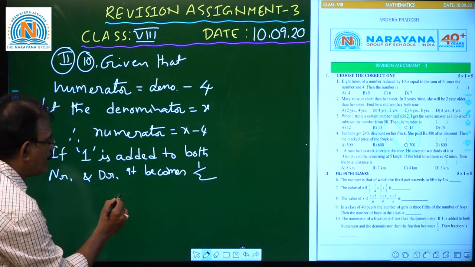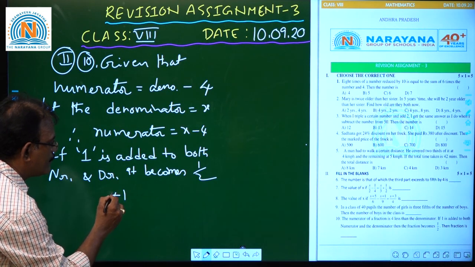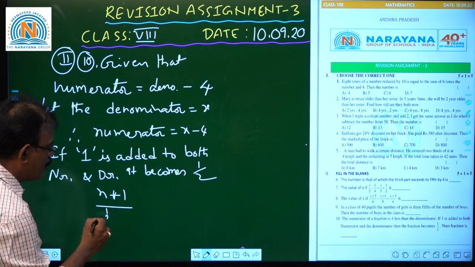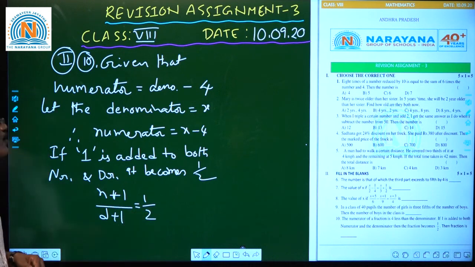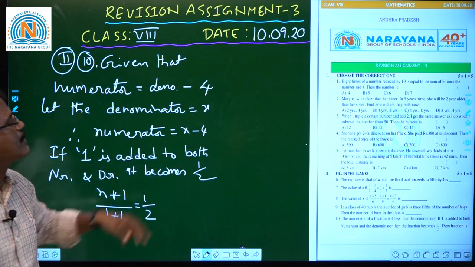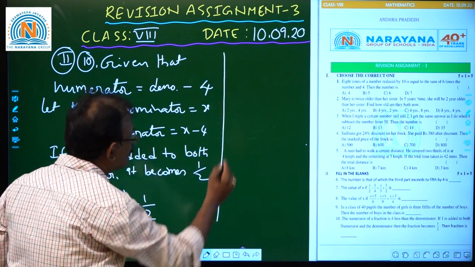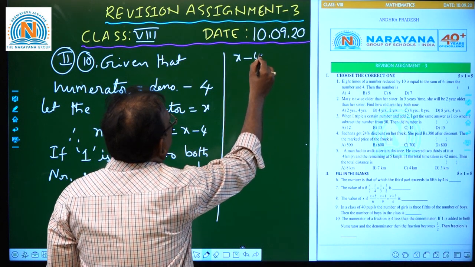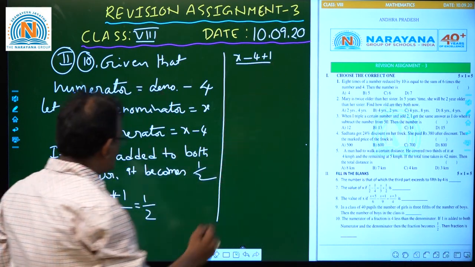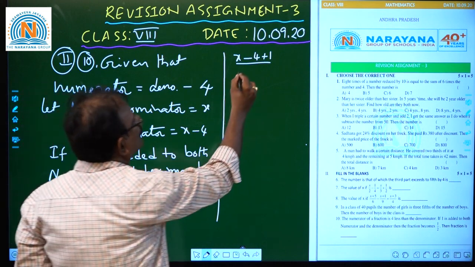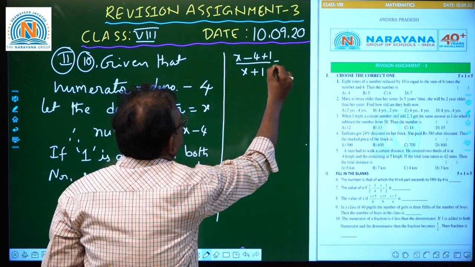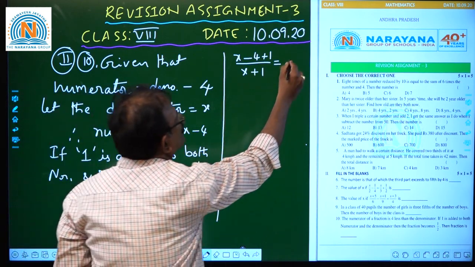That means if you add 1 to the numerator as well as the denominator, the fraction becomes 1 by 2. So what is the numerator here, children? x minus 4 plus 1, by the denominator x plus 1, is equal to 1 by 2.